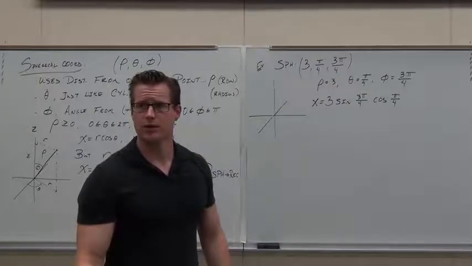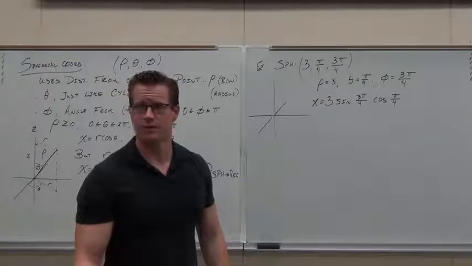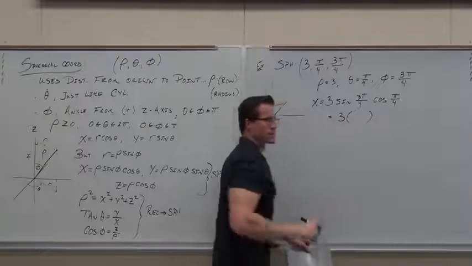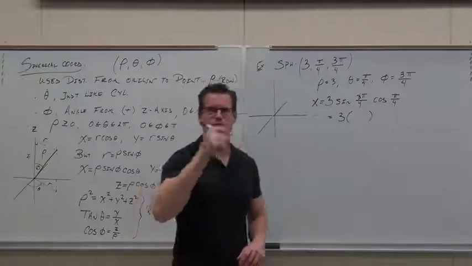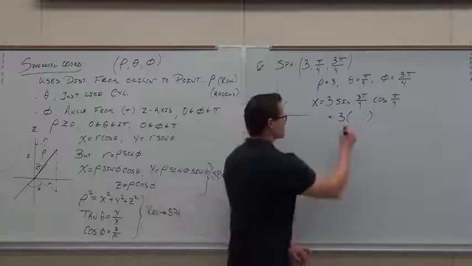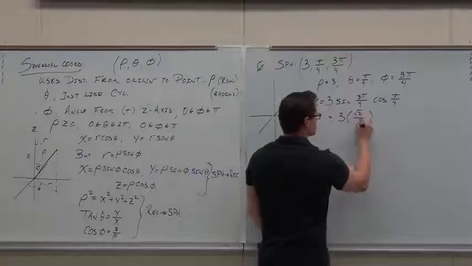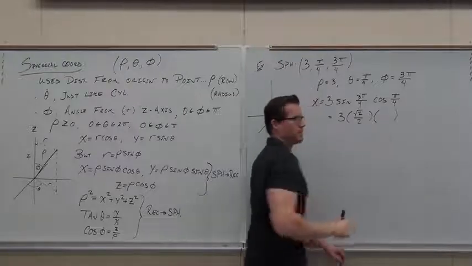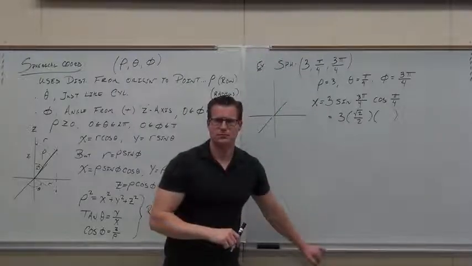You sure you're okay with that one? Are you at all good at your unit circle stuff? Yes. Perfect. Sine of 3 pi over 4. All students, sine has to be positive. 3 pi over 4, it's root 2 over 2. Cosine pi over 4, that's in the first quadrant.